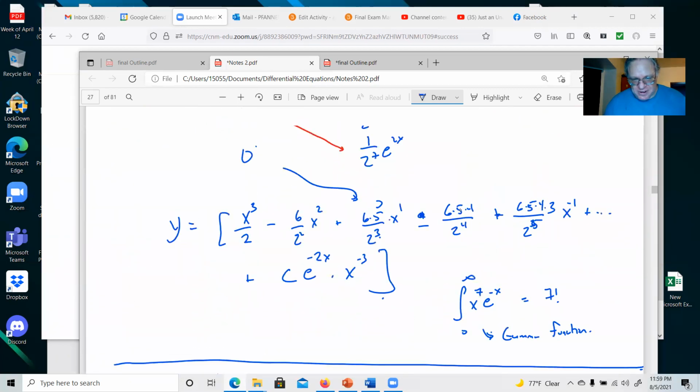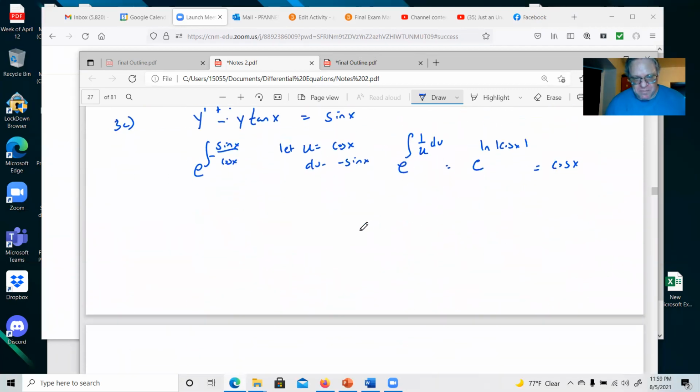So multiplying through, we have cosine x times y prime minus y times tangent x times cosine x is equal to sine x cosine x. Let me clean this up a little bit.